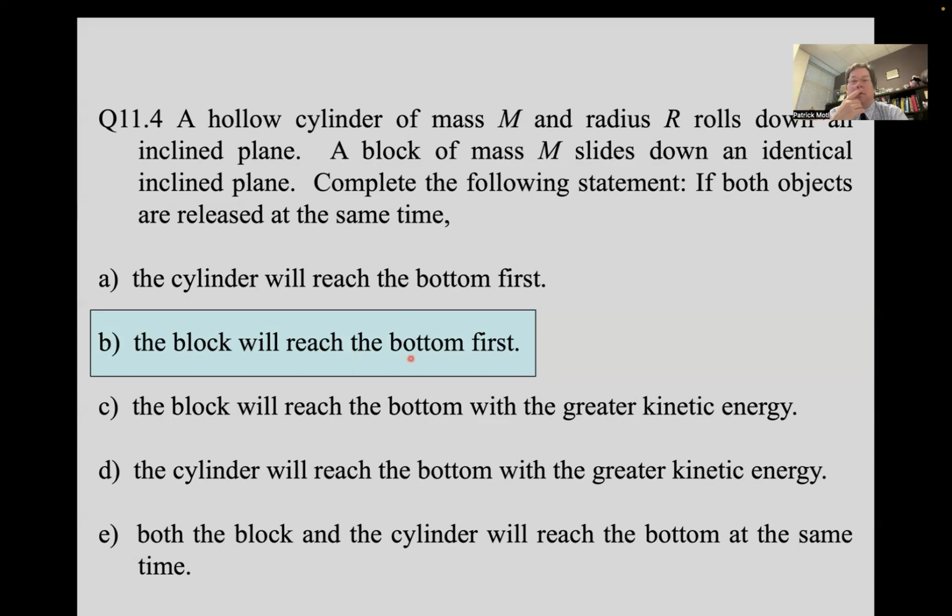So you are using up some of your potential energy to spin up the cylinder. And that spinning up does not make the cylinder go forward. So comparing a hollow cylinder that rolls to an identical mass block that slides, the block is always going to get to the bottom first.